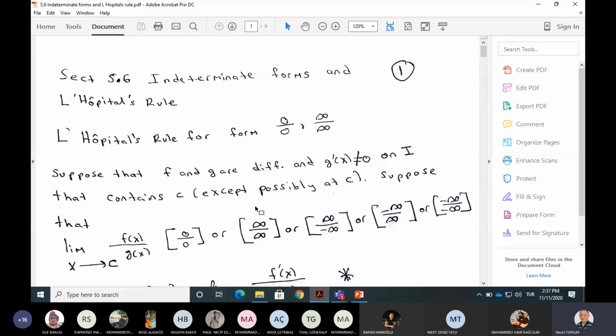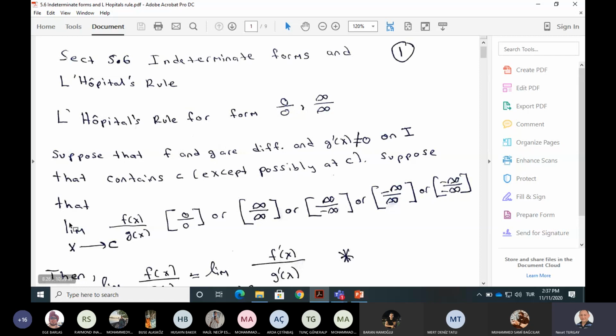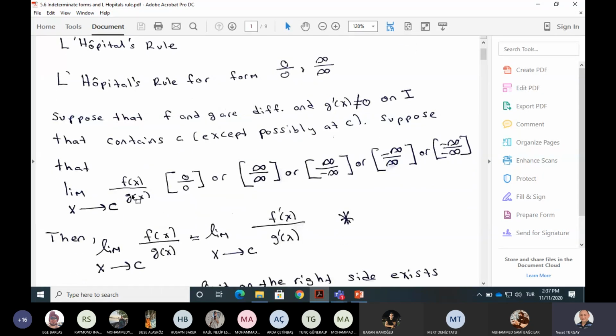My dear friends, look at the technical detail: suppose that f and g are differentiable and g prime is not equal to 0 on an interval R that contains C, except possibly at C. Look at this limit. Let's say we are trying to solve one question, x goes to C, and you have this fraction, f of x over g of x.